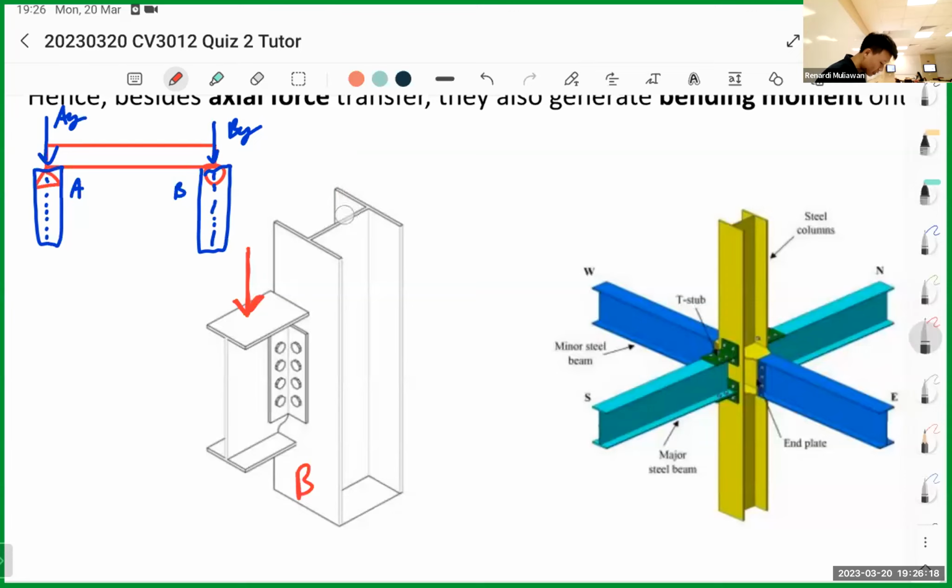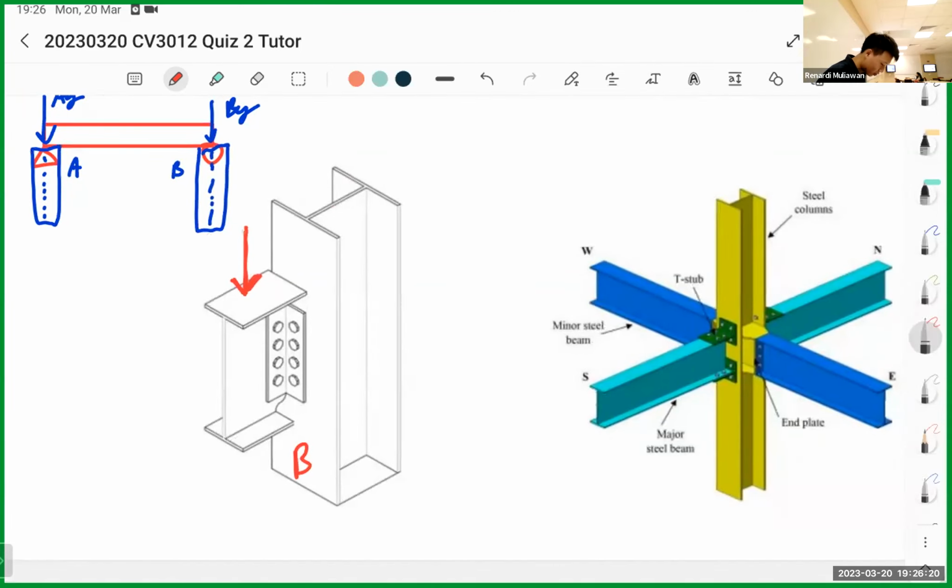Let's say this is your reaction, BY. So the column will be subjected to BY as well, because the load is transferred from the reaction of the beam to the column.